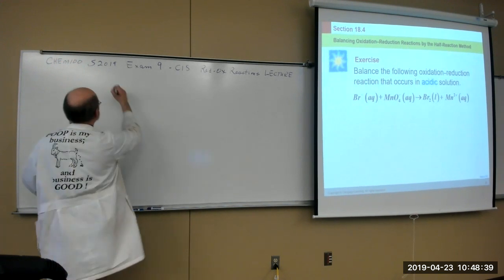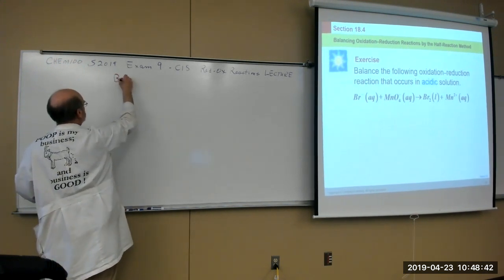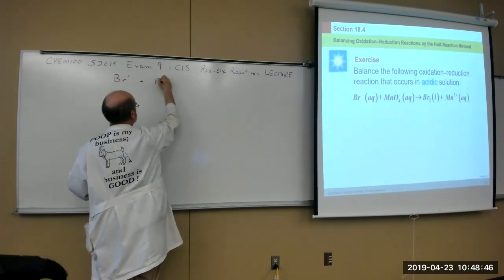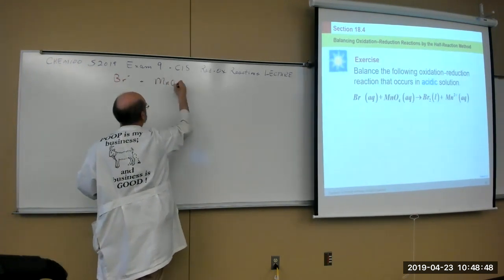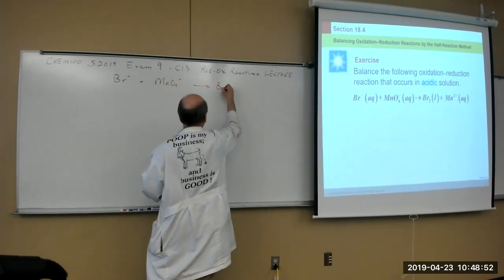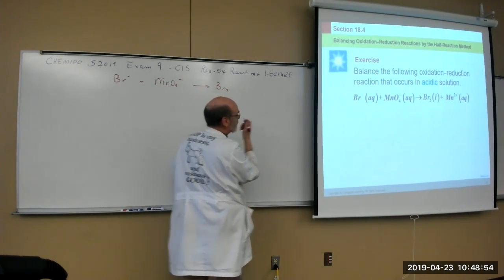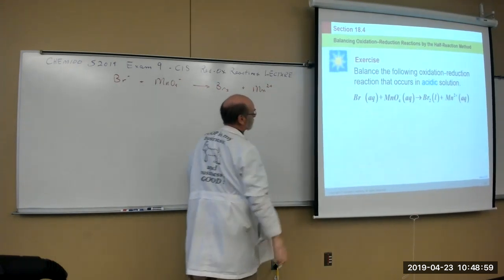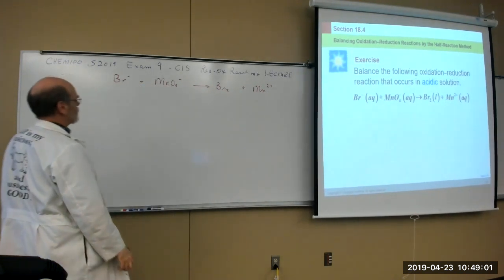So we're starting with bromide ion and the permanganate ion yields bromine and manganese 2 plus. Okay?